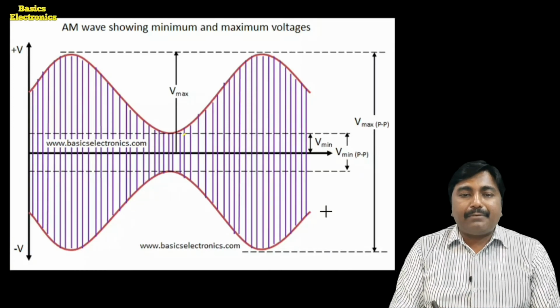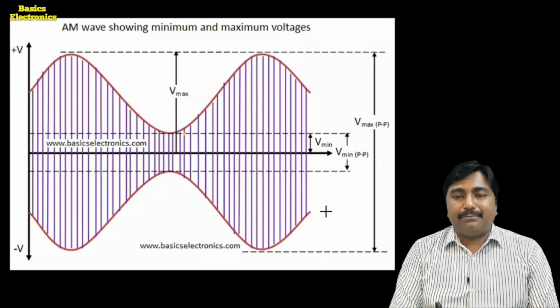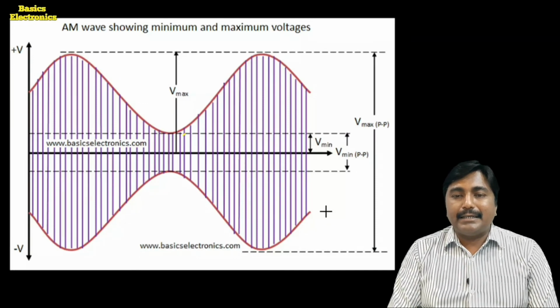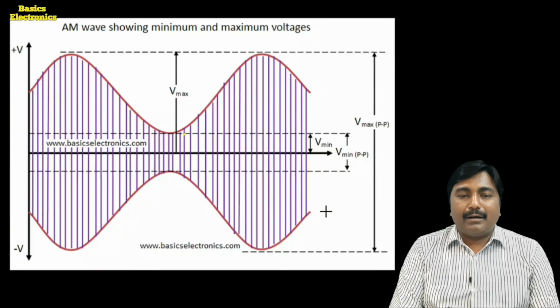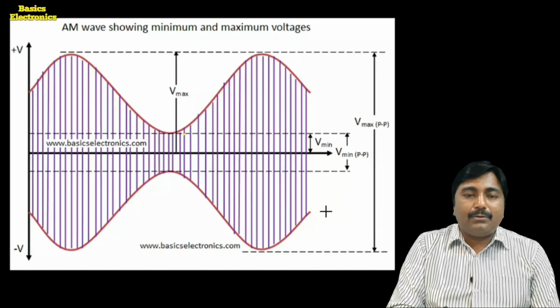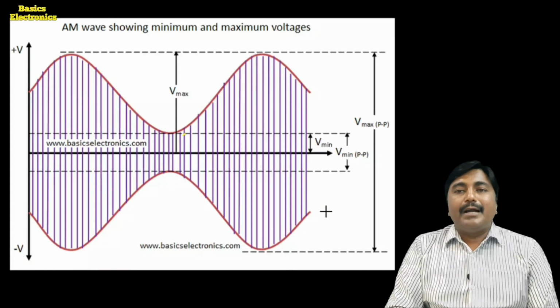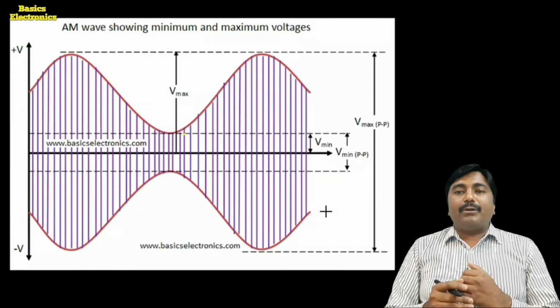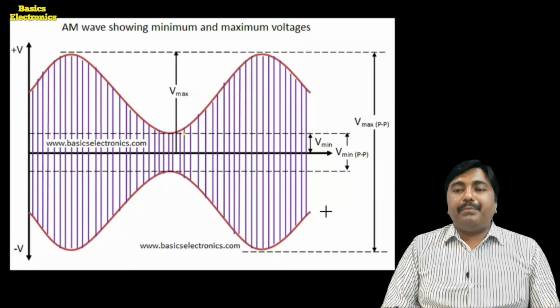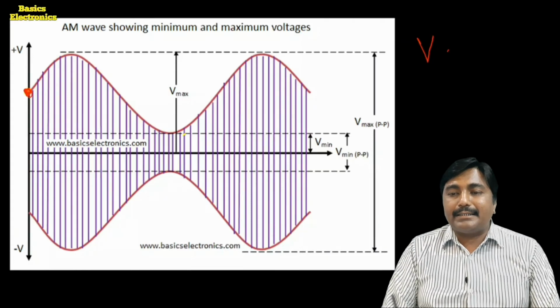Okay, so the peak value of the carrier signal is up to this point. Here the modulating signal voltage is equal to 0, and as we know, the carrier signal varies above the peak voltage of the carrier signal.